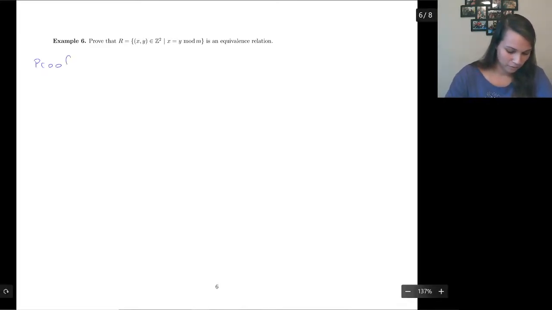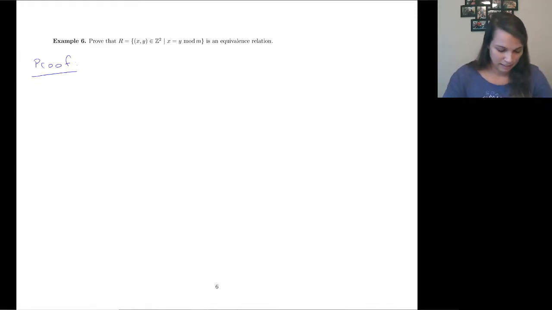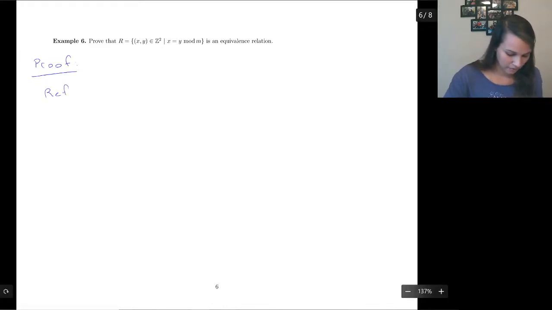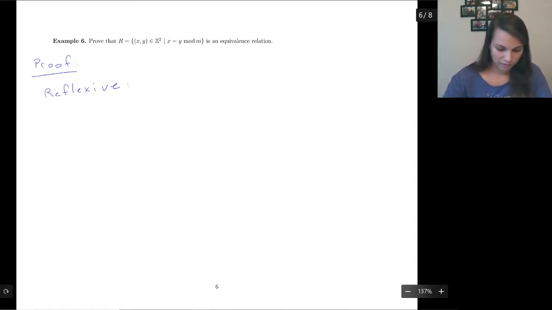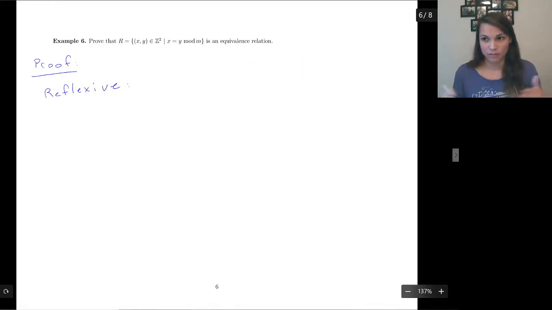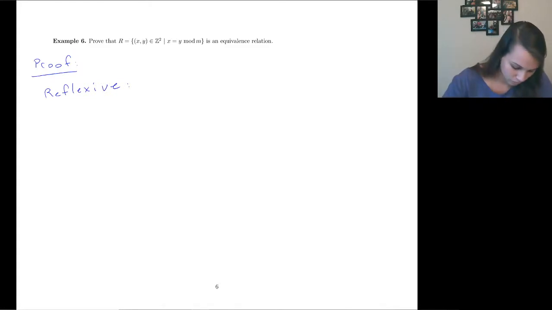First thing we're going to prove is that it is indeed reflexive. How do we do that? Well, remember, reflexive means this is going to be in R. So we just start with an arbitrary x, and we need to prove that the pair of them are going to be in there.